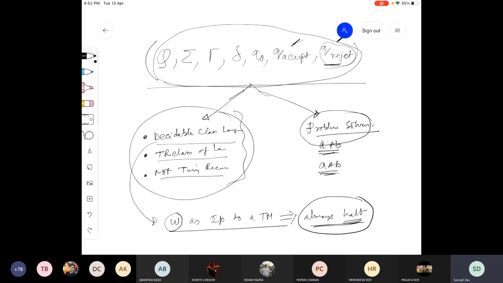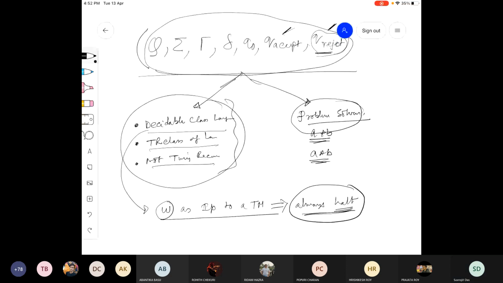Got my point? So halting means you present a string W as input to a Turing machine. For all such strings W for which a generic model of Turing machine halts, that language is decidable.